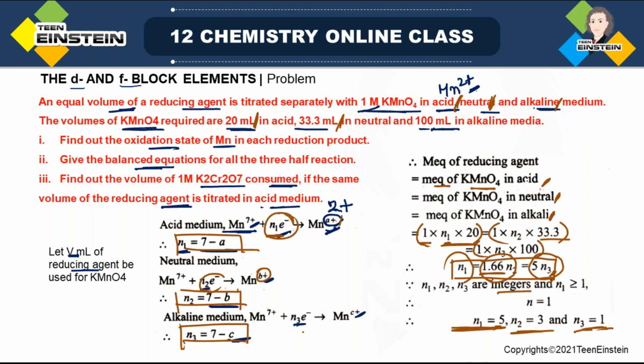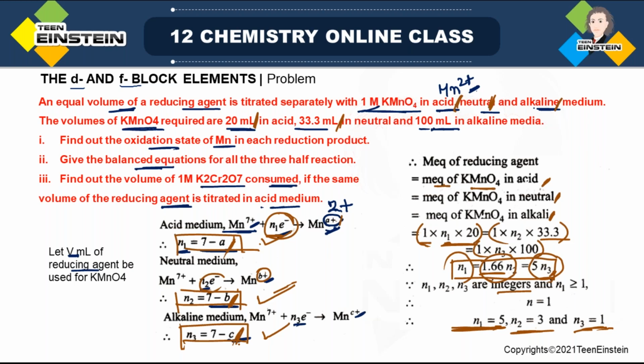Now once we know the values of N1, N2 and N3, we have to use all these equations so that we can get the values of A, B and C. Because A, B, C are the oxidation states of manganese in different media: acidic, neutral, alkaline.